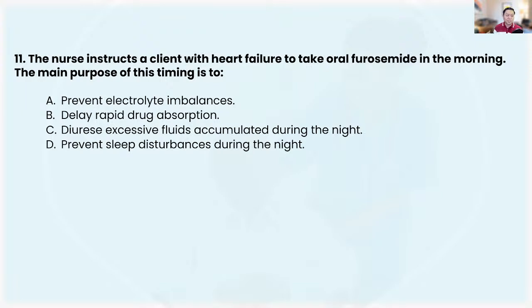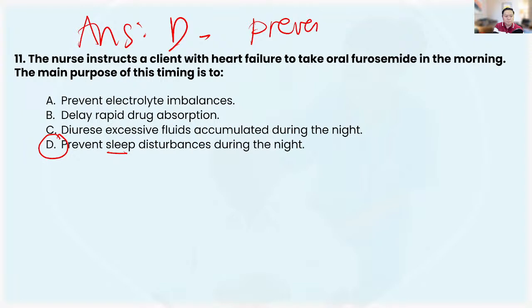What is the answer? Well, the correct answer this time is letter D. This is to prevent sleep disturbances, okay? So make sure that the patient is given the medication in the morning to prevent nocturia. Okay, but guys, be careful.